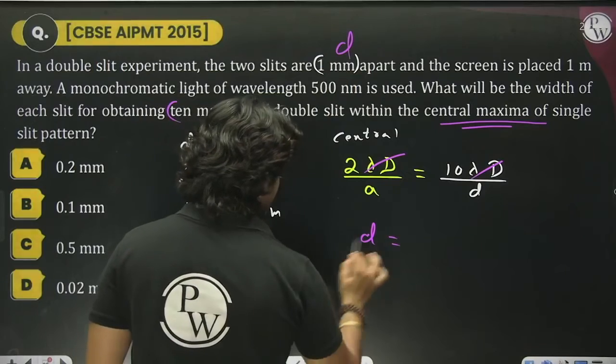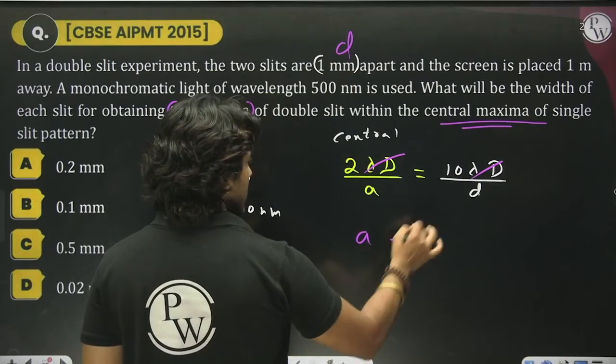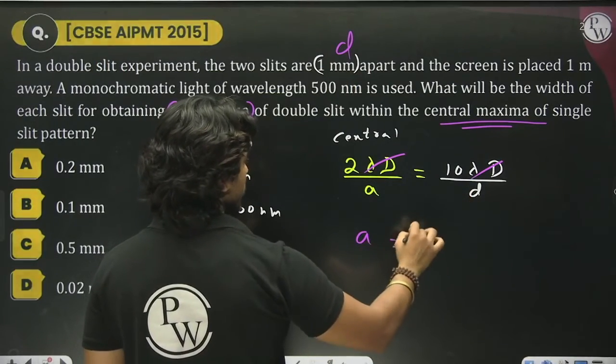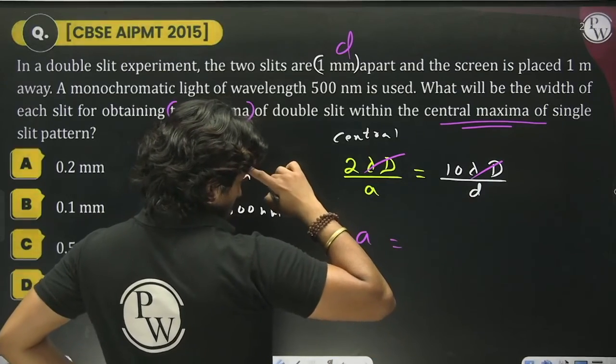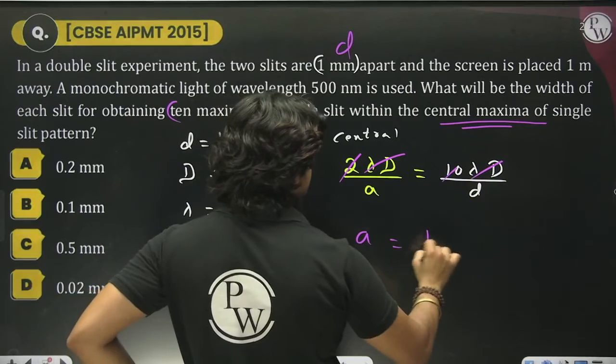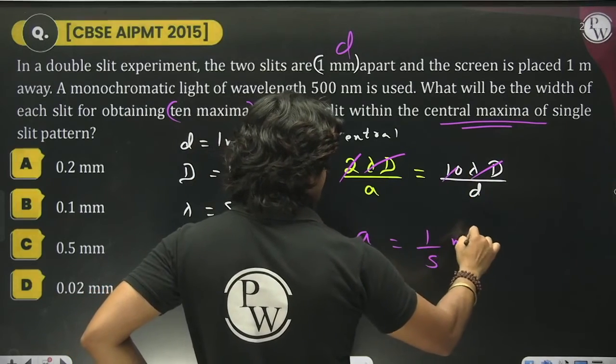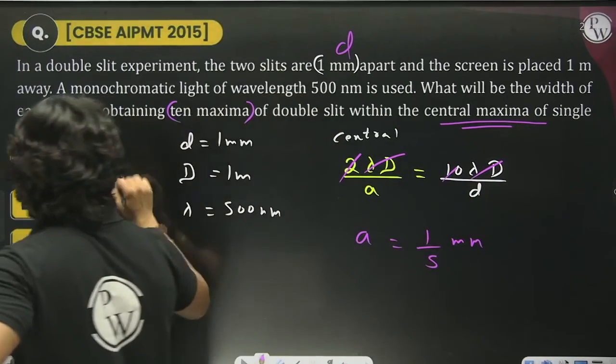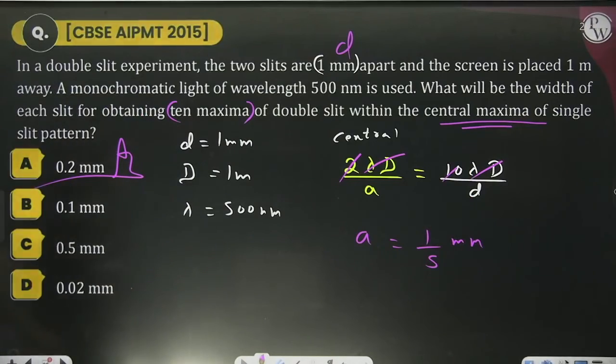So A equals, this is 1 mm, this is going to be 5, so this is 1 by 5 mm. That means 0.2 mm. 0.2 mm is the answer.